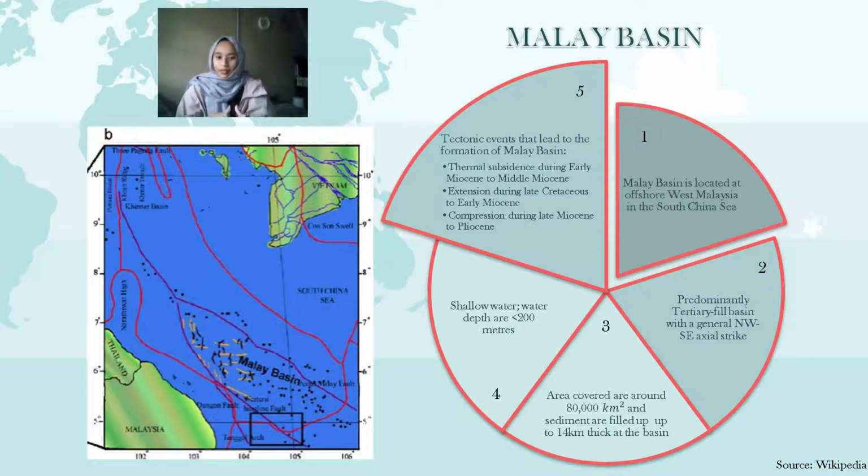Malay Basin covers an area of about 80,000 kilometers, and the sediments are filled up to 14 kilometers thick at the basin.